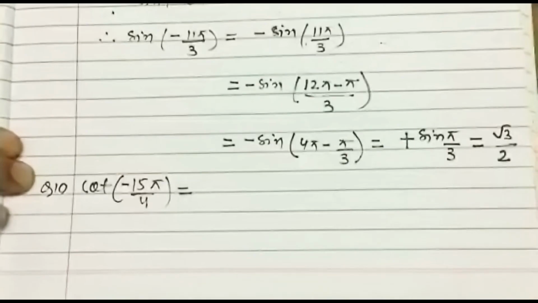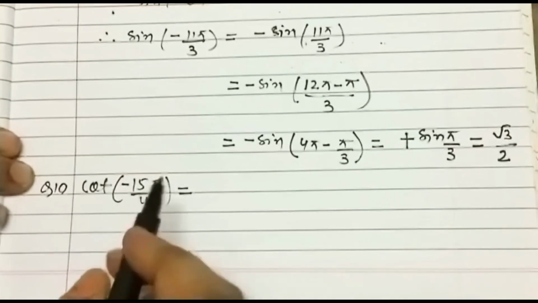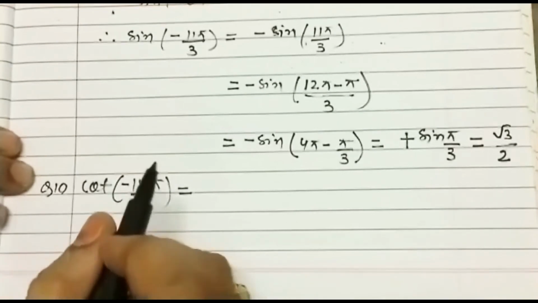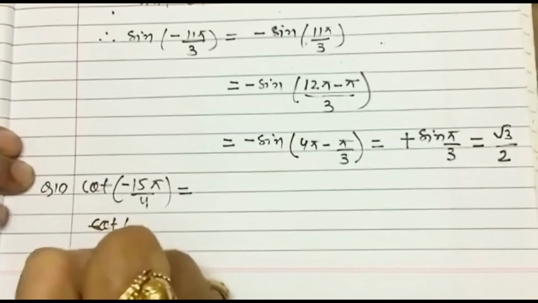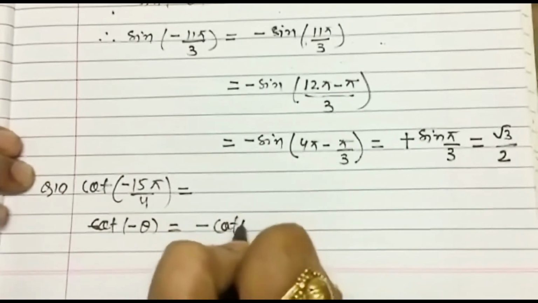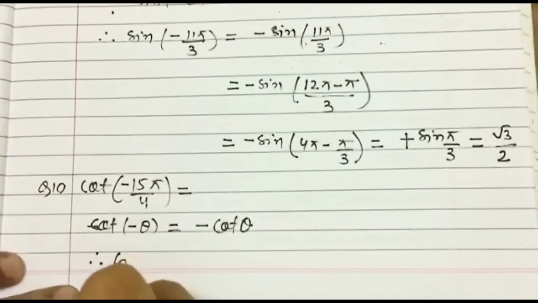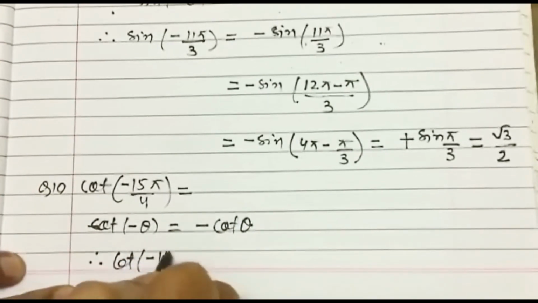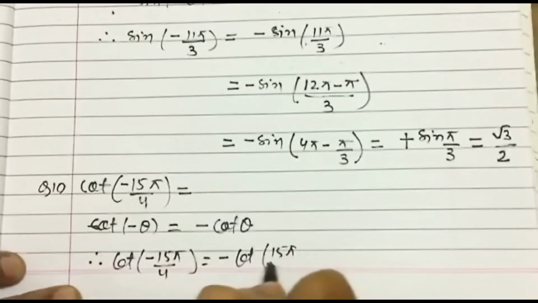Next question, cot minus 15 pi by 4. It is also in the fourth quadrant, and cot minus theta is equal to minus cot theta. So first step, cot minus 15 pi by 4 is minus cot 15 pi by 4.